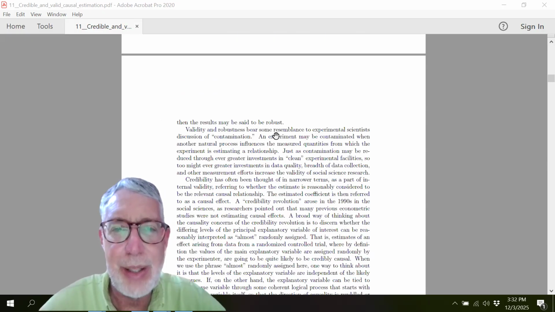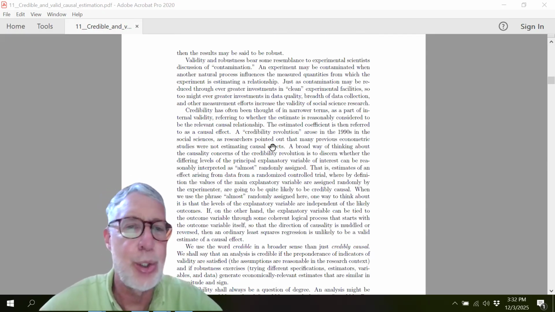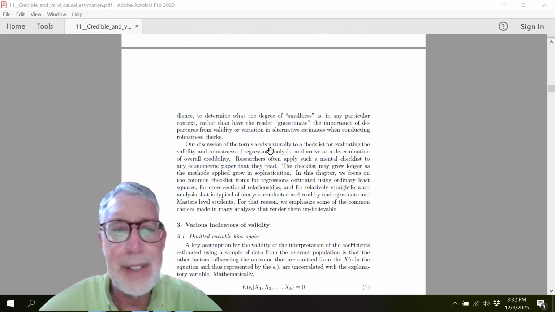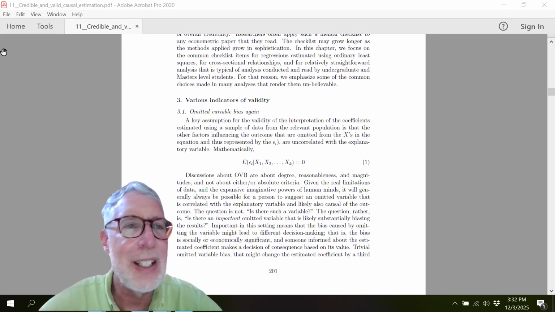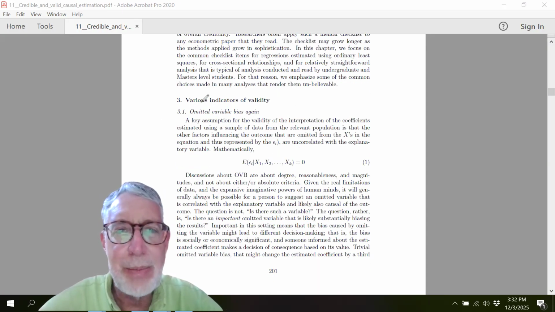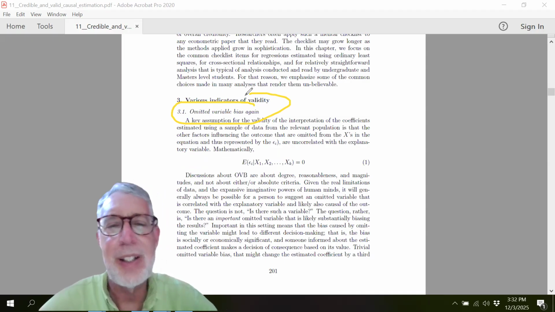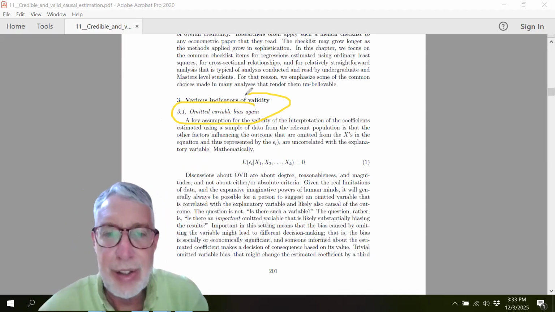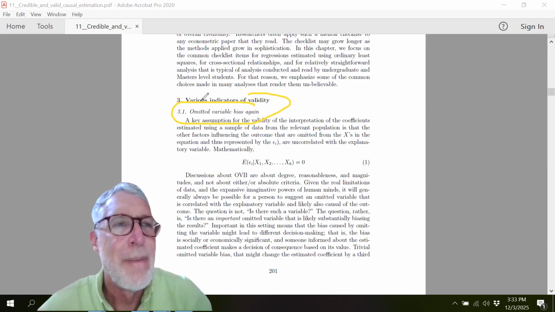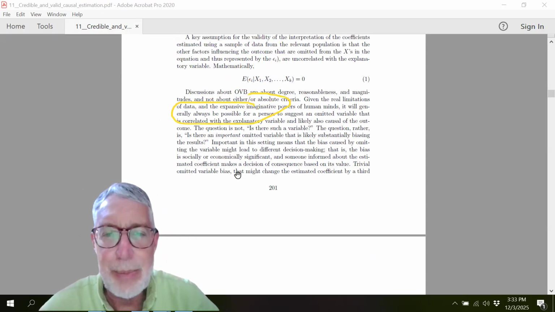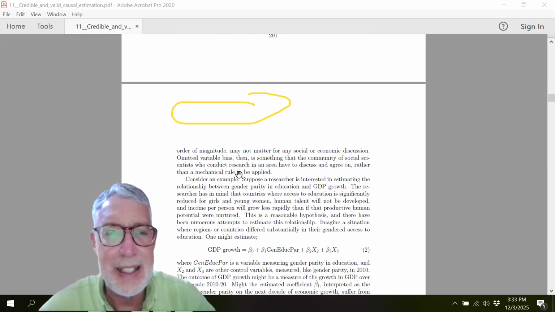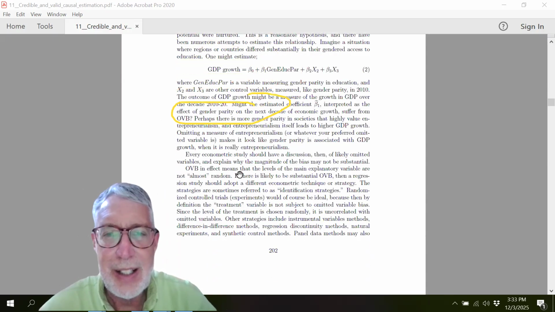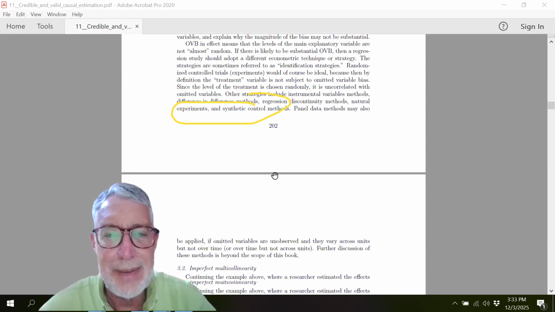And then we go to some of the validity issues. Here are our validity issues. Omitted variable bias is our main validity issue. We have our conditional mean independence assumption that we have a separate video for, and that is mentioned. Where is it?